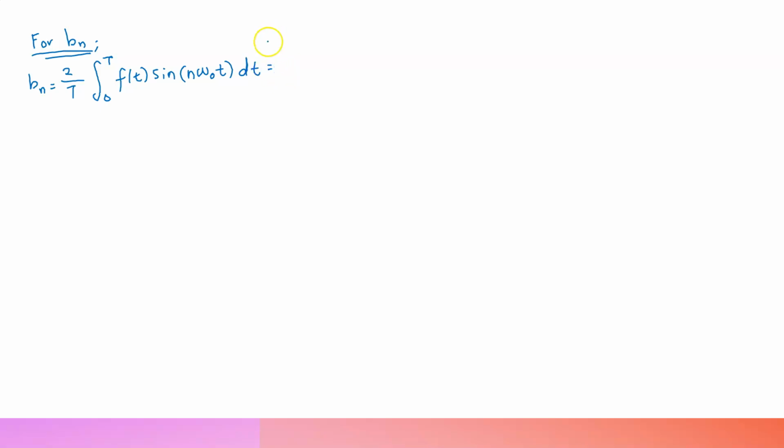So if you substitute the value, you get 2 over 2 dt plus here 0, okay, because f of t is 0 when the integration from 1 to 2 seconds.